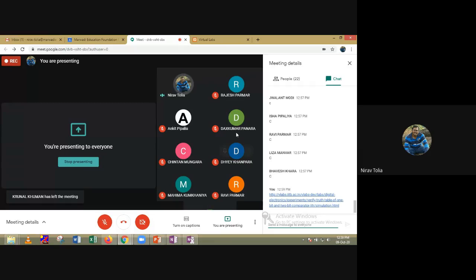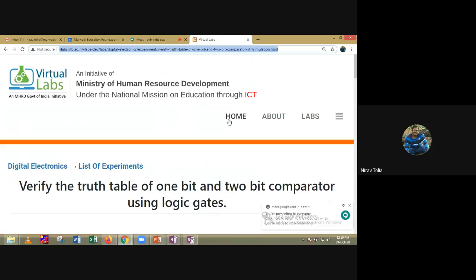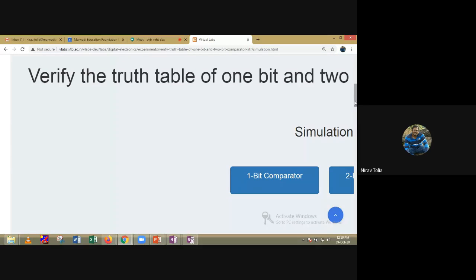Okay, so start the simulation by yourself, and if you have any issues or any problem or any doubt in the simulation, you can ask me a question. Okay, so start the simulation. There are two simulators, a 1-bit comparator and a 2-bit comparator.